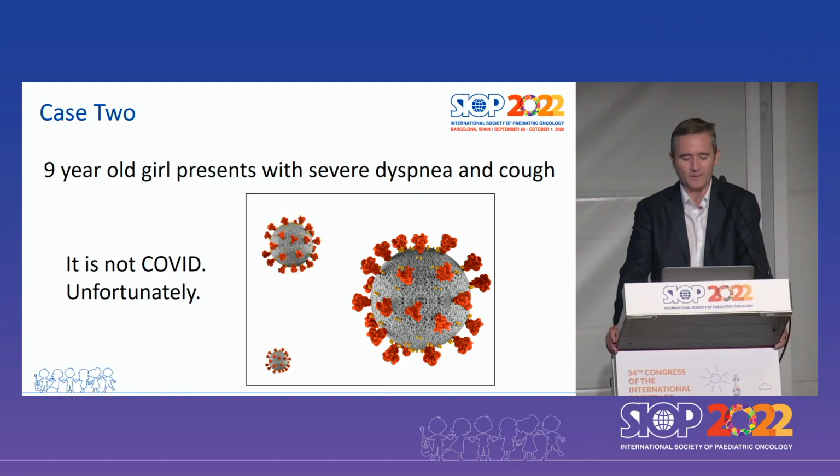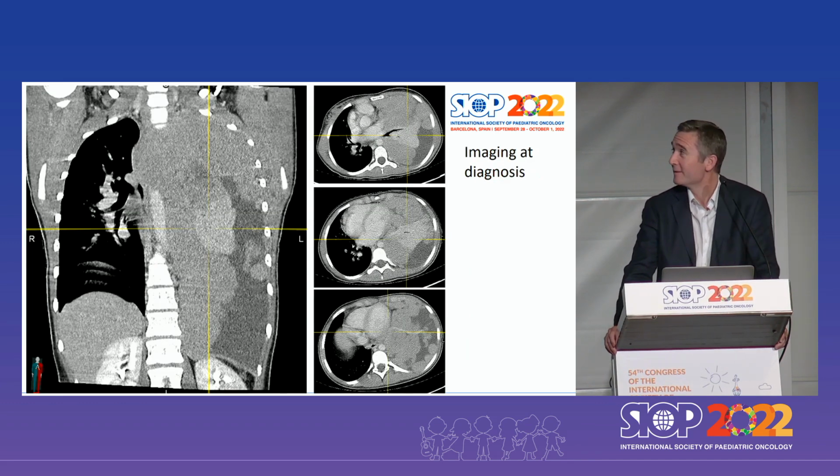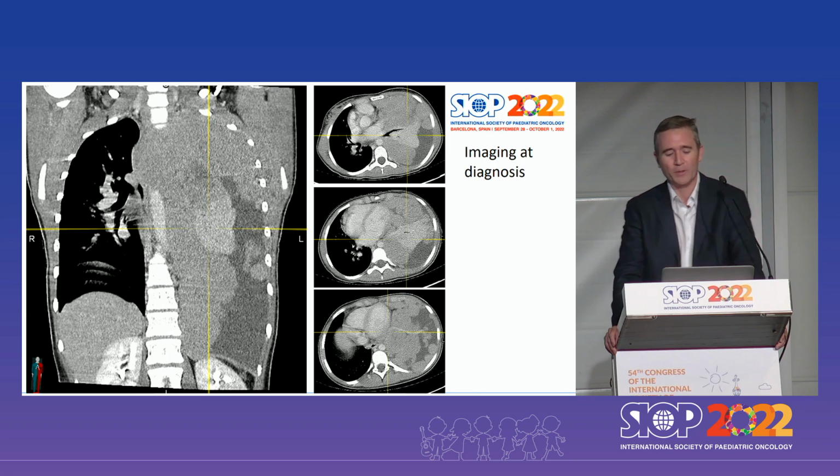This is a 9-year-old girl who presents with severe dyspnea and cough. It's not COVID, but that's unfortunate because it's this. What you see before you is a coronal CT of the thorax and axial images at different levels on the left side of the screen, showing a large mass with malignant pleural effusion.